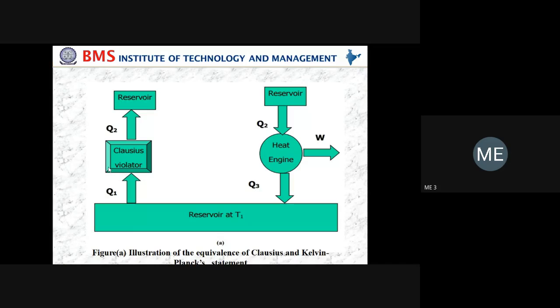You concentrate only on the first part. This is the violation of the Clausius statement. We are having the sink at lower temperature, and this is the amount of heat taken from the sink, and this is the heat pump, and then this is the reservoir or the source at higher temperature. From the diagram it is very clear that it violates the Clausius statement.